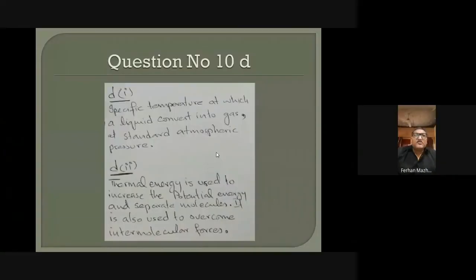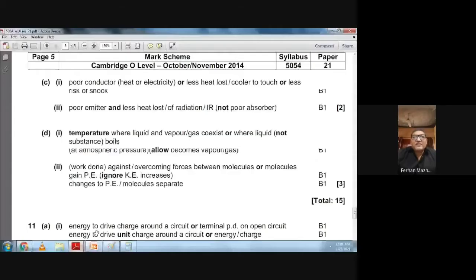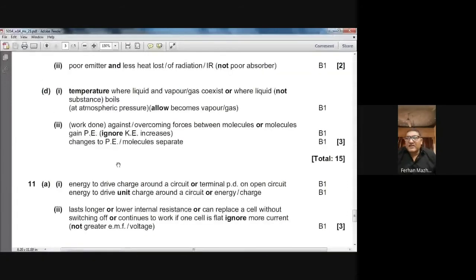So let me show you the marking scheme. Temperature where liquid and vapor or gas coexist, or where a liquid boils at atmospheric pressure. Don't say substance boils, say a liquid will boil. Allow become vapor or gas. So it's a 1-mark definition, a very famous definition, frequently asked in the papers.